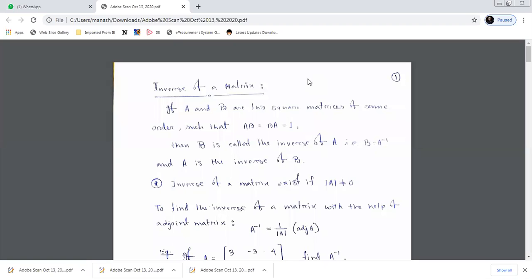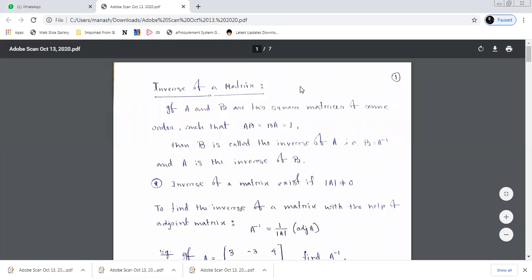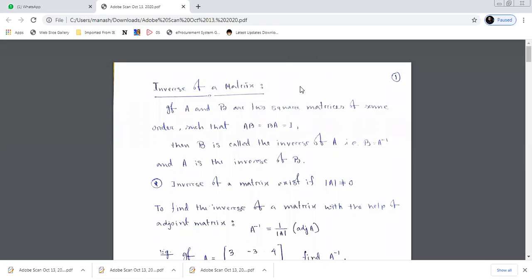Today I'll start with the inverse of a matrix. In the last class, you learned some defined kinds of matrices.